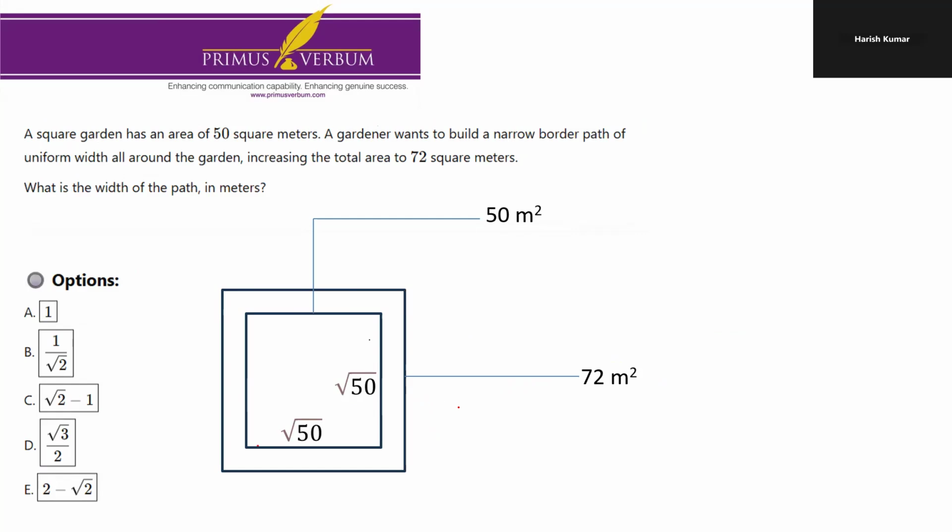The total area of the square garden with the narrow border path around it is now 72 meters square. That is, here these red lines indicate the width of the narrow border path.